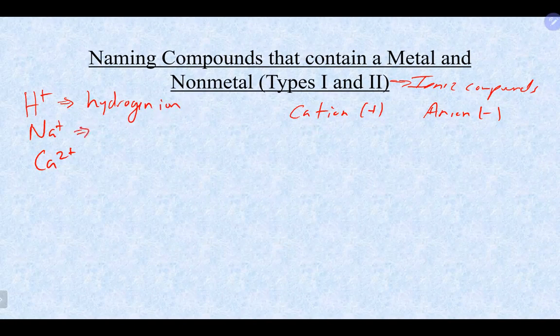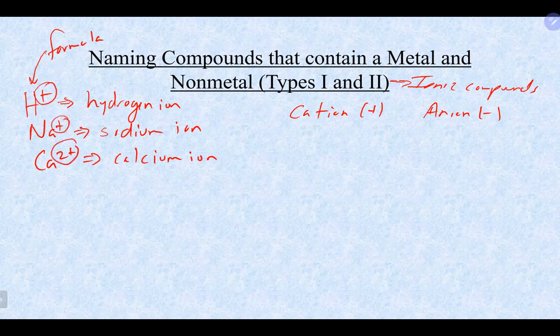This would be the sodium ion. This would be the calcium ion. A couple of things on this. If you were to draw the formula, these would be the formulas for these cations, and they should include the charges because they are ions. So the charges should be included whenever you write a formula for an ion.